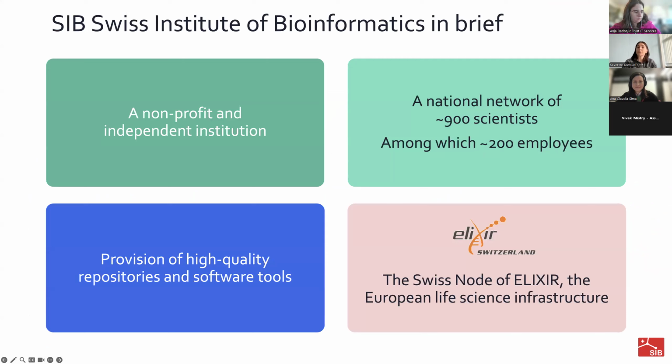So my name is Séverine Duvaux, and together with Damien, Anna, and Gert, we work for the Swiss Institute of Bioinformatics, which is a non-profit and independent institution which forms a network of 900 scientists, among which 200 are employees. So the mission of the SIB members is, among other things, to provide the scientific community with high-quality repositories and software tools.